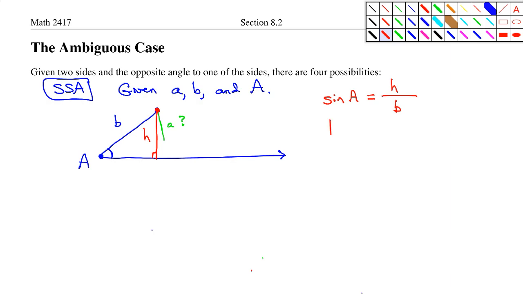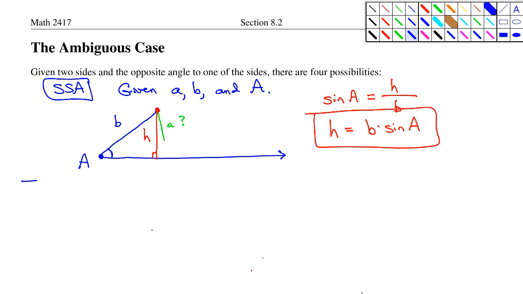That means that H is equal to B times the sine of A. So the height is completely determined by two pieces of the data we're given, B and angle A. And we're going to use this formula to compute the height and then compare it to A to see if we can actually form a triangle.